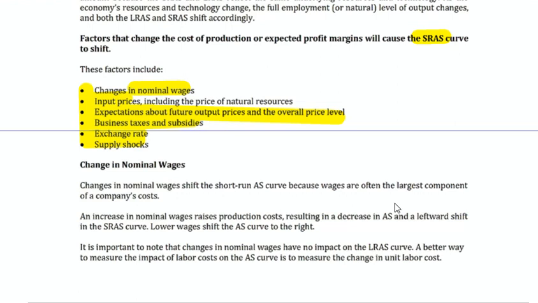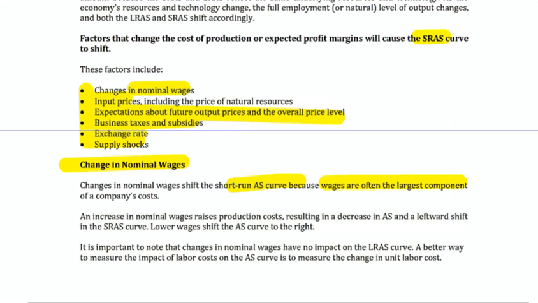First and foremost, let's talk about change in nominal wages. A change in wages shifts the aggregate supply curve. Why? Because remember, as an input into what we can supply, wages are often one of the largest components of a company's costs.